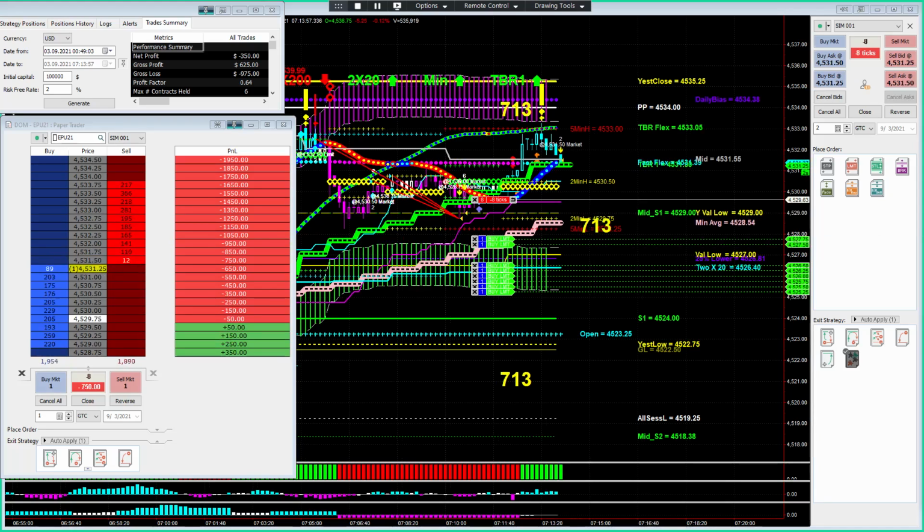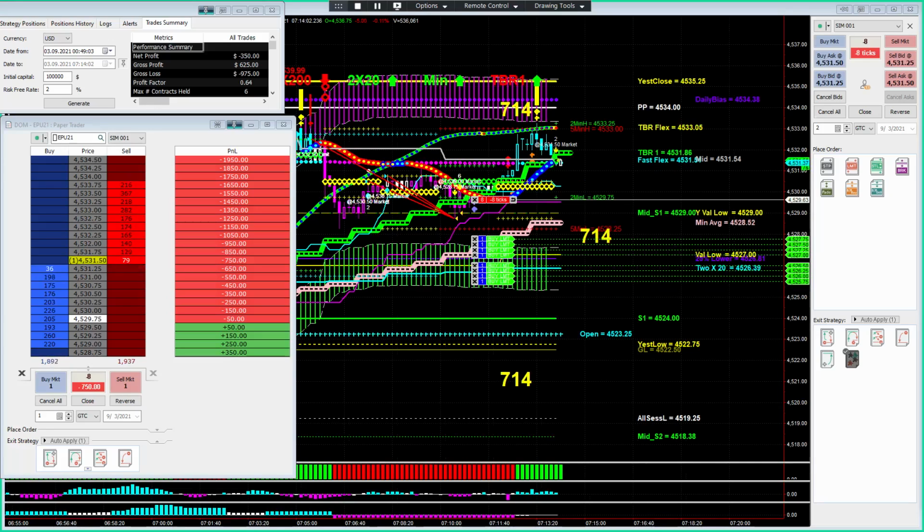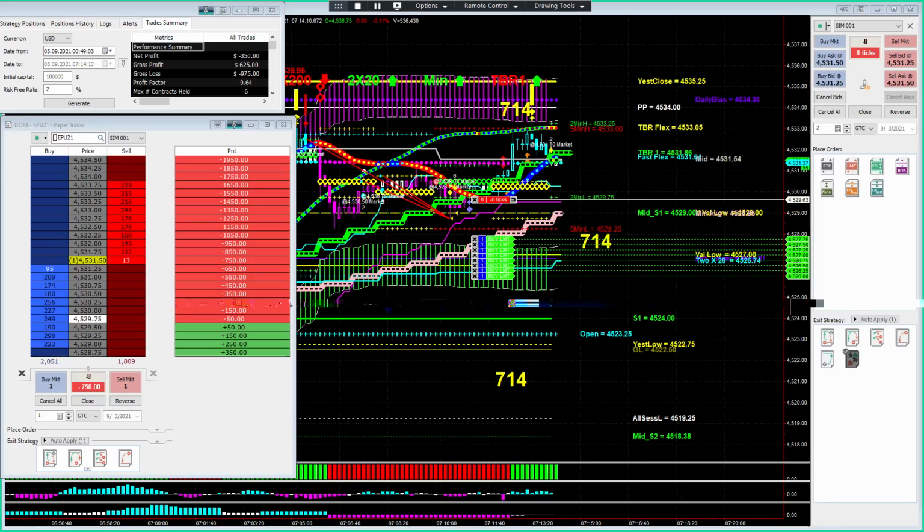Brings my exit points up some. This is kind of a speculative add, right? It is, because I'm trying to manage this trade.